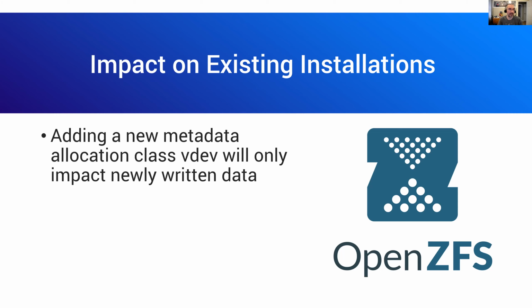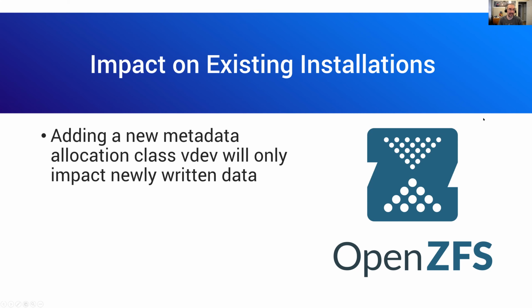For example, a little bit before OpenZFS 2.0, there was a new feature added called metadata allocation classes. This allows you to add a VDEV and specify that this VDEV is only for metadata or only for dedupe or something. So with this feature, if you just add a new metadata VDEV to your pool, obviously that's not going to rewrite any of the existing metadata.